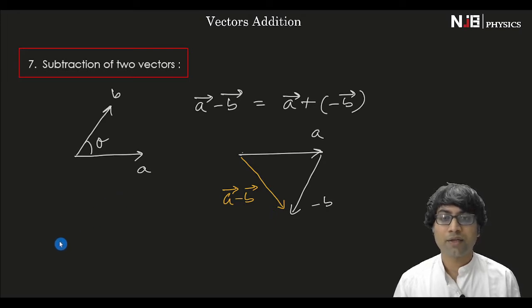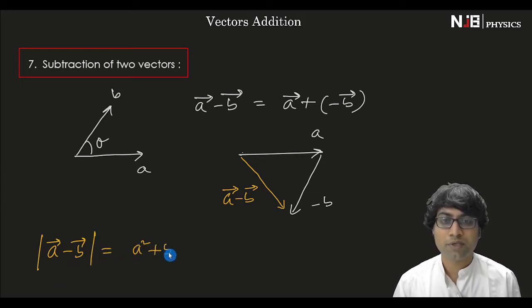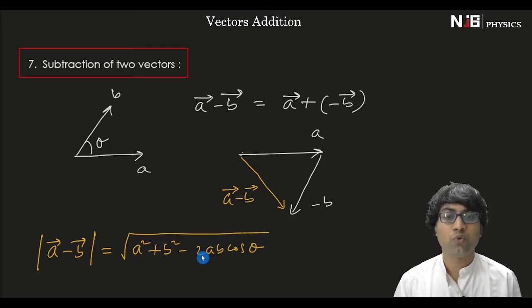If we want to get the magnitude of a vector minus b vector, then it will be equal to a square plus b square minus 2ab cos theta, where theta is the angle between the two vectors. So it's not difficult to memorize, because in place of plus we just have to replace it with a negative sign and we will get the magnitude of the difference of the two vectors.